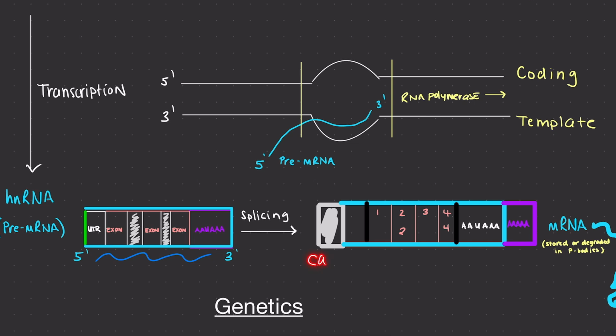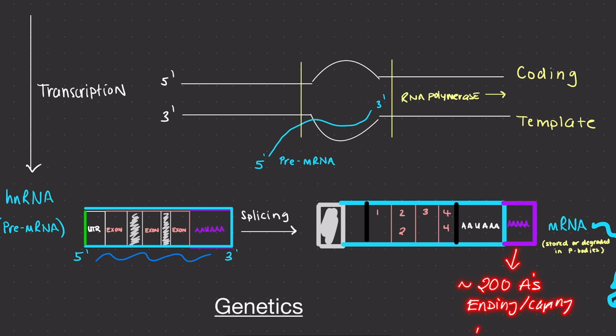In addition, during splicing, or right after splicing, another cap is placed. This is a methylguanosine cap, and this is going to be placed on the official, mature messenger RNA. And we have our poly-A tail, that's roughly 200 adenosines attached to the end of the mRNA strand.